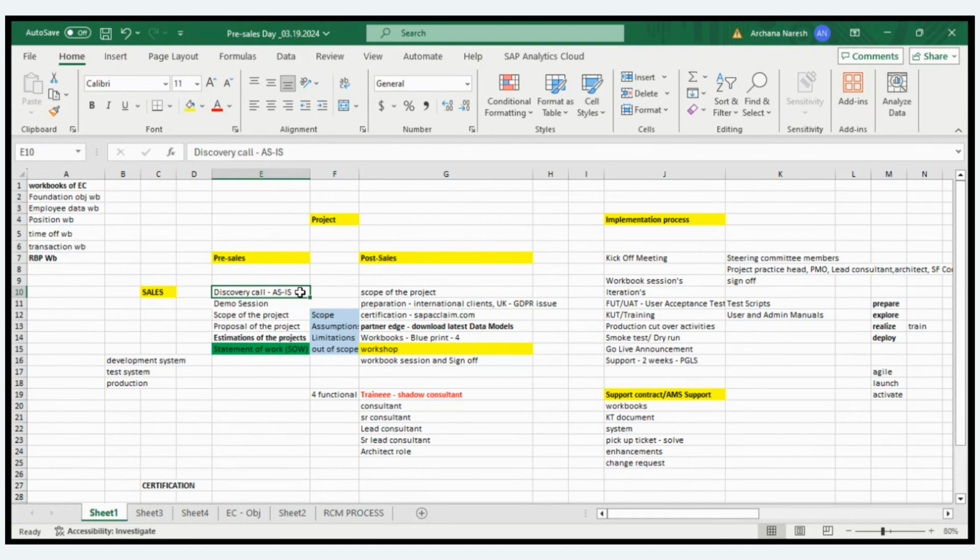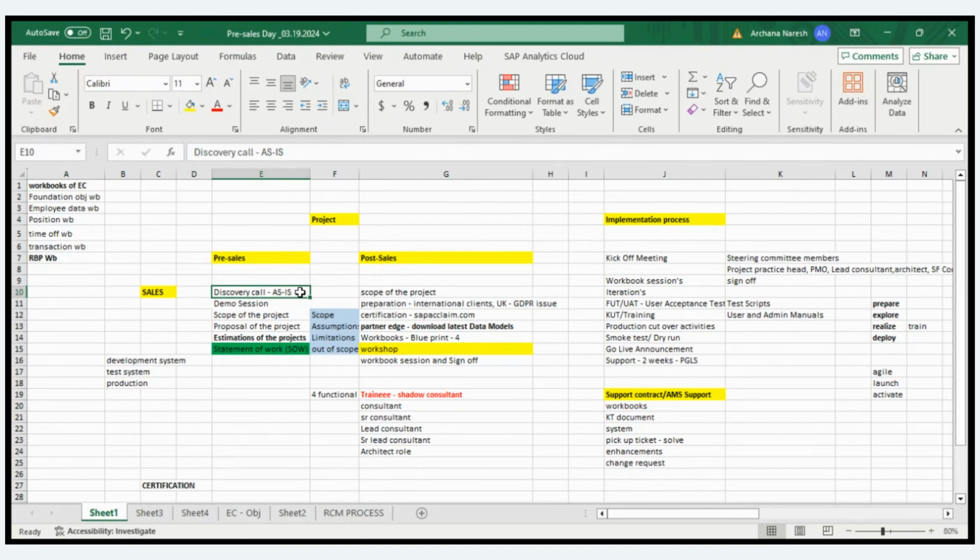In the next phase, we will probably go for PMGM, compensation, or whatever. So we don't want to talk about those modules at the moment. We only want to talk about the focused modules, and we want this to go live in the next 6-8 months. So can you complete all of this in 6-8 months? Okay, that kind of discussion is what you guys will eventually put into the pre-sales part.